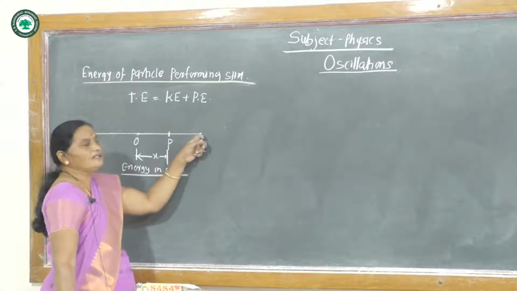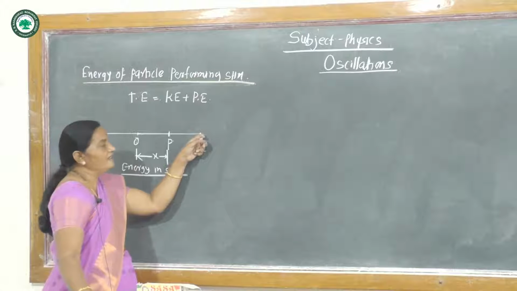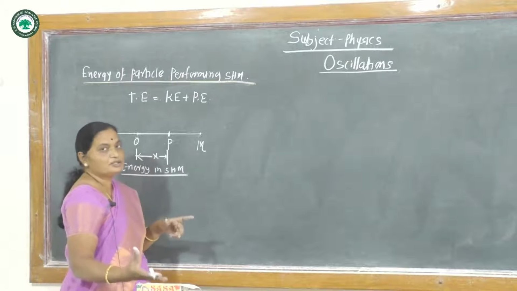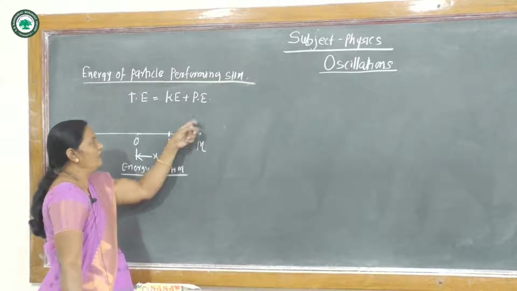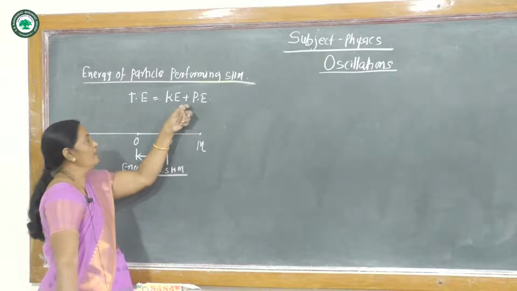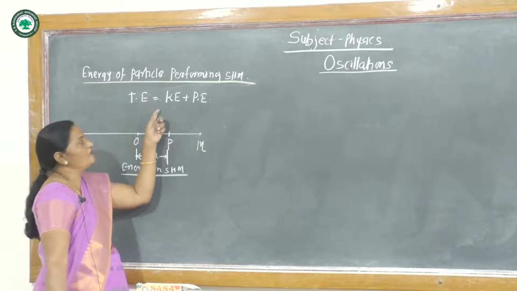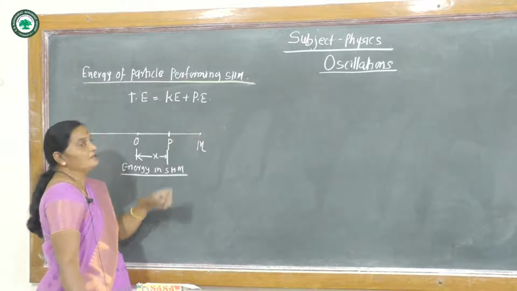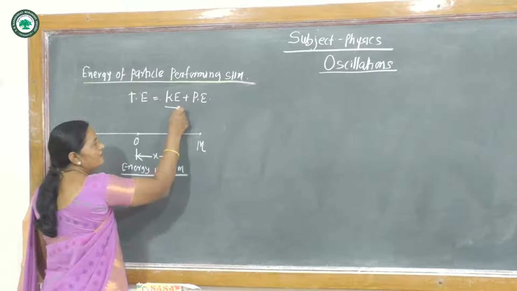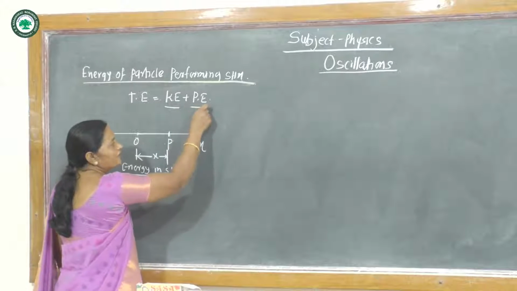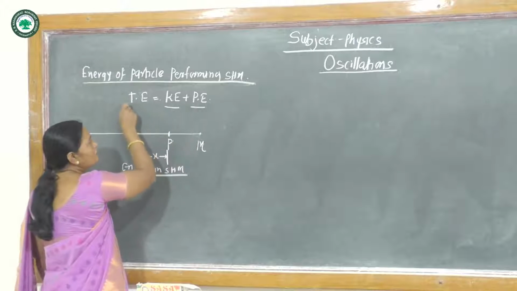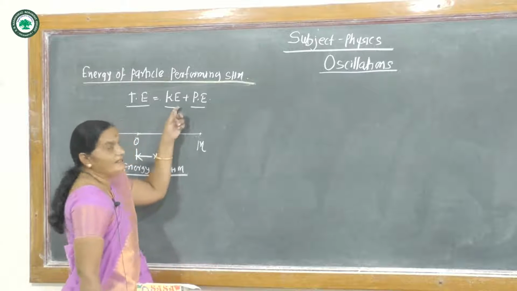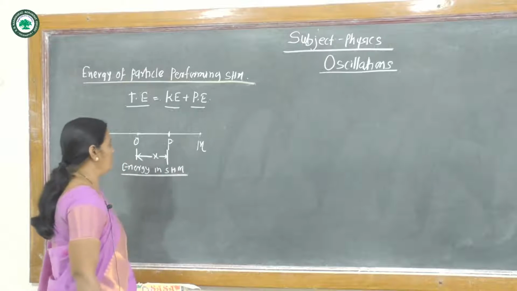Now suppose the particle is at the extreme position and it tries to move towards the mean position, it has a restoring force, therefore it has potential energy. Thus total energy is the sum of kinetic energy and potential energy. Therefore we first find the kinetic energy, then find the potential energy, and the addition gives the total energy.